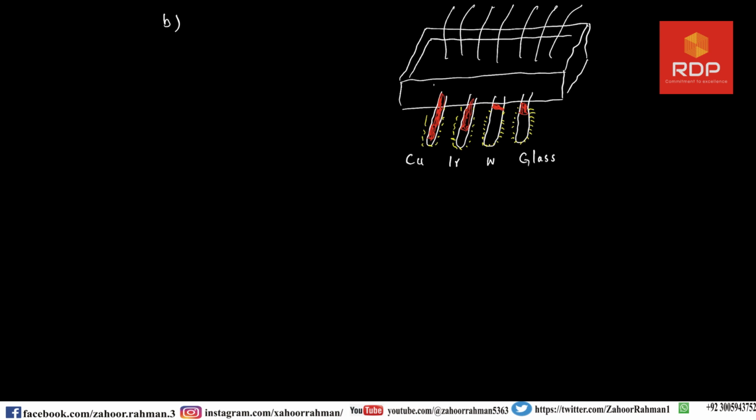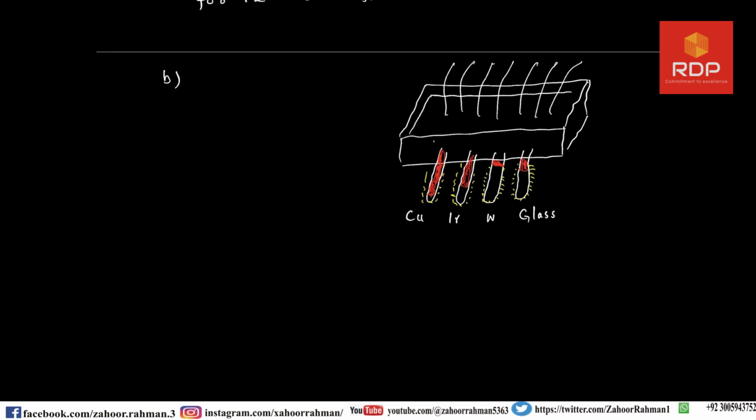So from this experiment we can conclude that copper is a good conductor of heat while wood is a good insulator or poor conductor of heat. We discussed this in greater detail.